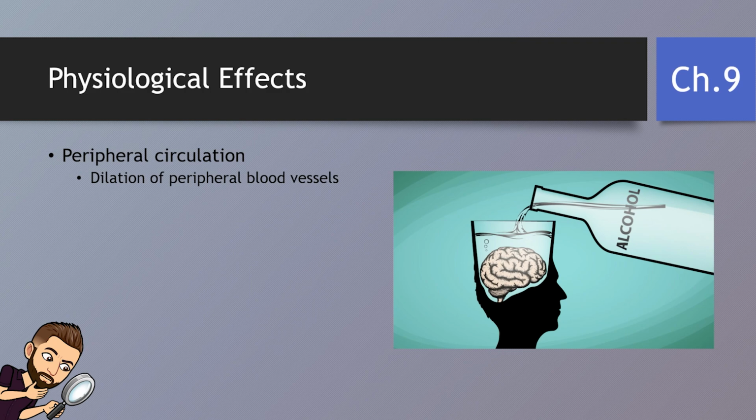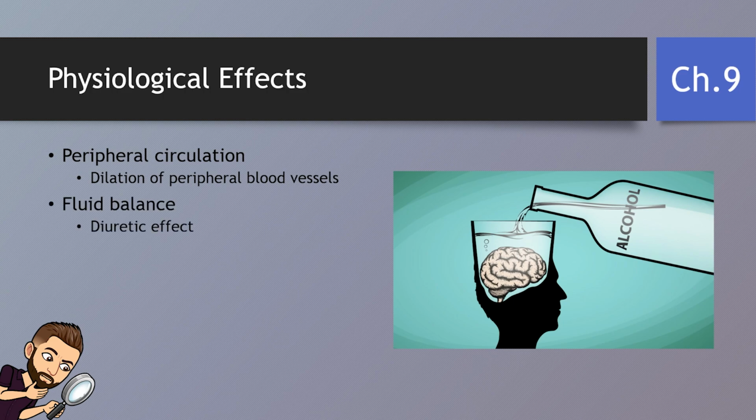So typically, there's increased heat loss from the body, which makes people feel warmer, even though they aren't actually warmer. This can be dangerous, especially in colder climates or when people are out in the woods or on cold nights, where they feel like they're really warm due to the effects of alcohol, when in reality they aren't. And oftentimes people have in the past had fatal incidents due to freezing and things like that.